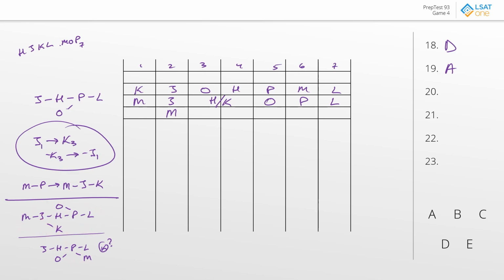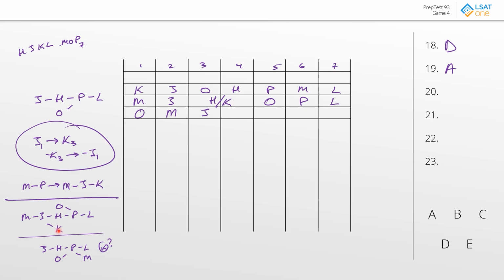And in the top template, if M goes second, it's worth noting all of these people have to go after. Really, O is the only person that could go before M, so O will have to go before M. And then immediately after M, we're going to have a J, because J is still before everybody else. And then further down, it looks like there's flexibility.